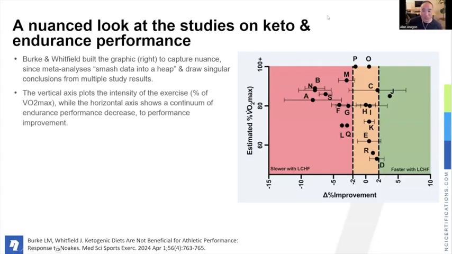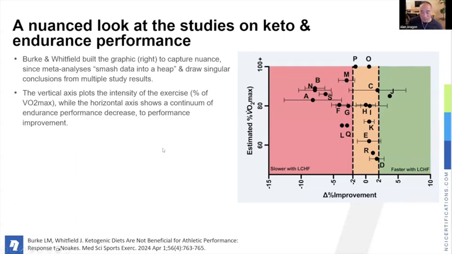So another cool thing about the way they plotted this data is the vertical axis shows the intensity of the exercise that was done. And so the dots that are higher up on this graph represent higher intensities that were engaged.